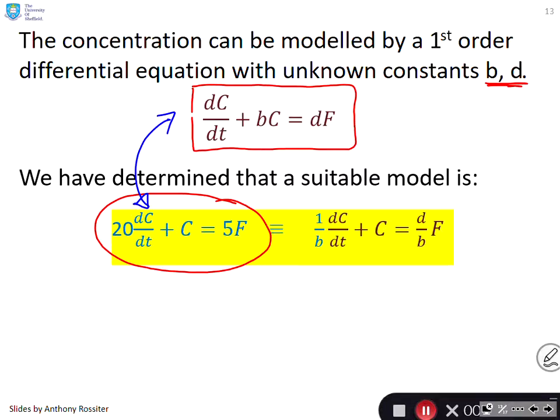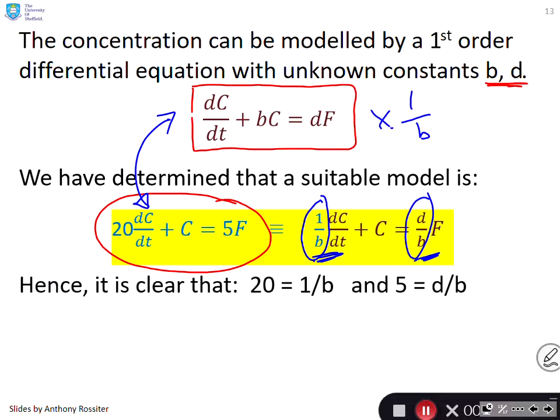Well, clearly there is. If I take the top model and multiply by 1 over b, then I get 1/b dC/dt + C = d/b times f. And clearly that tells you that 1/b is the time constant, and d/b is the gain K. So what we get now is that 20 equals 1/b and 5 equals d/b, which are easily solved to give b equals 0.05 and d equals 0.25.